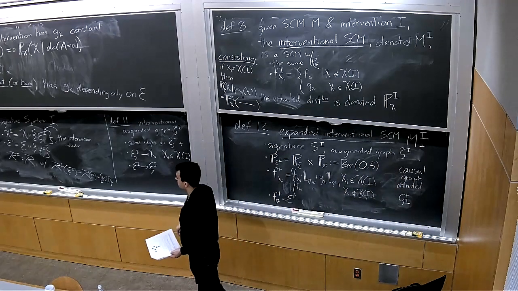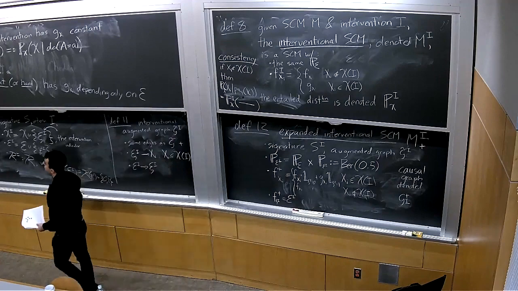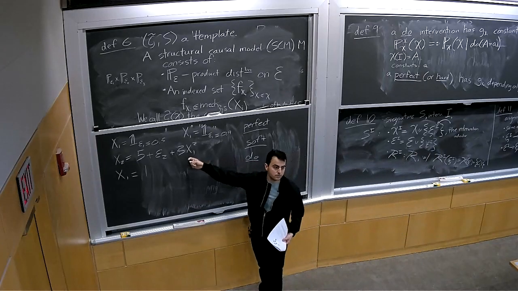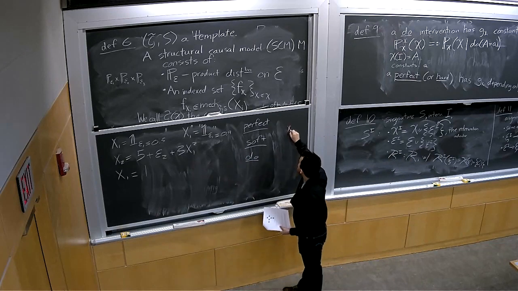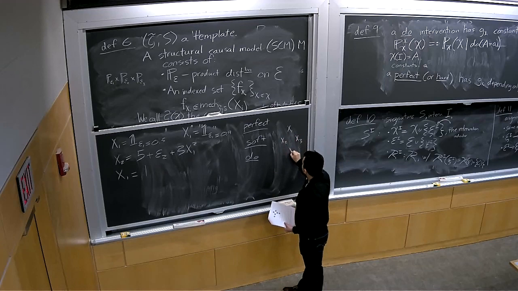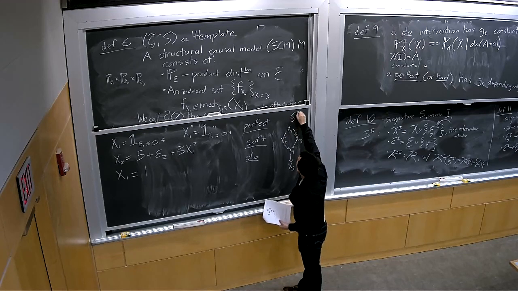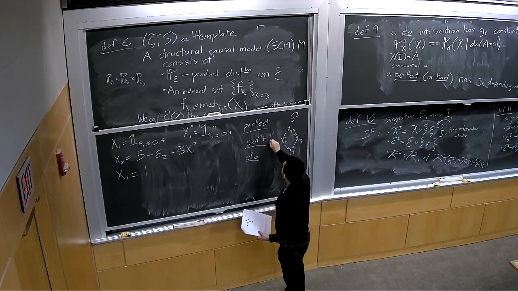So for our example over here, where we're, say, doing an intervention on X2, our expanded interventional graph, our GI plus, is going to look like this.